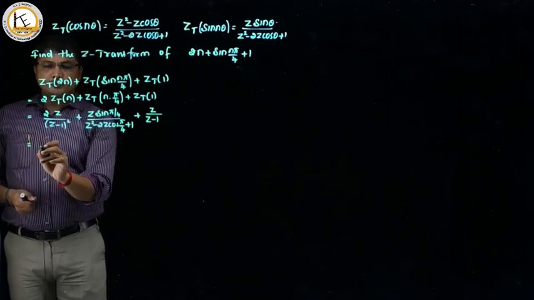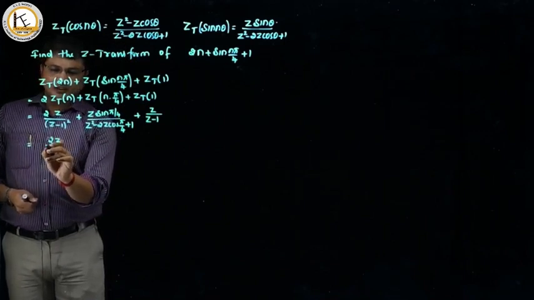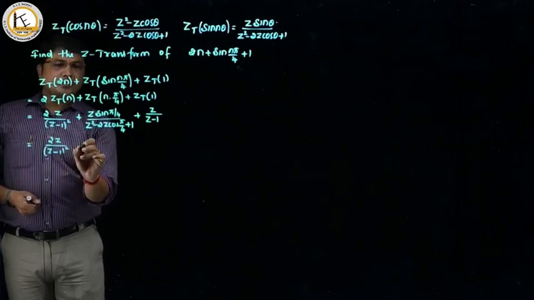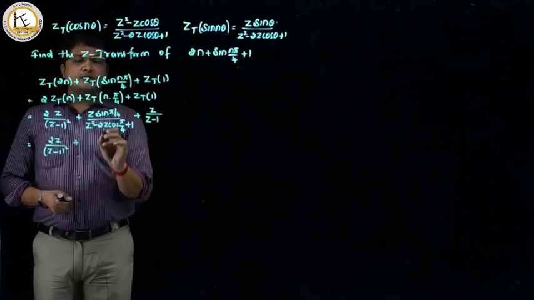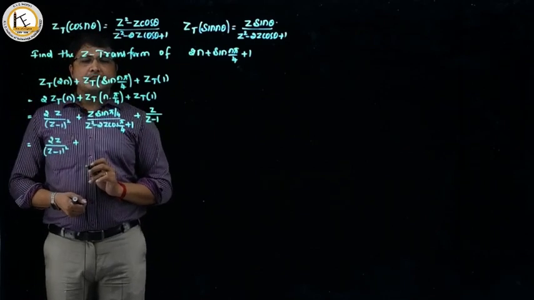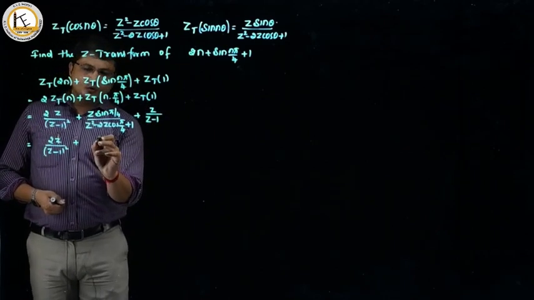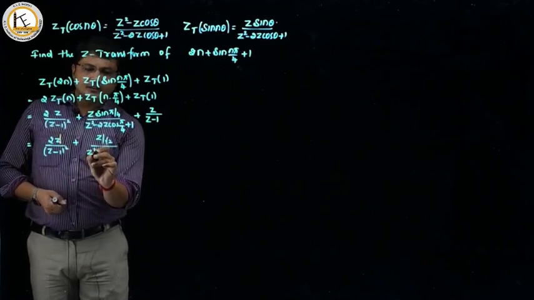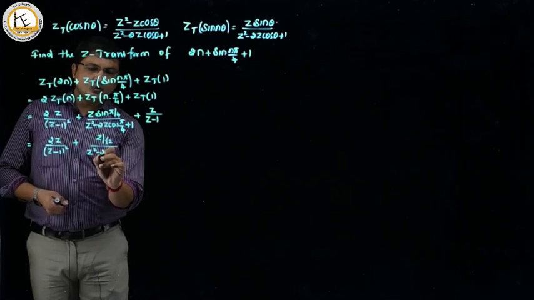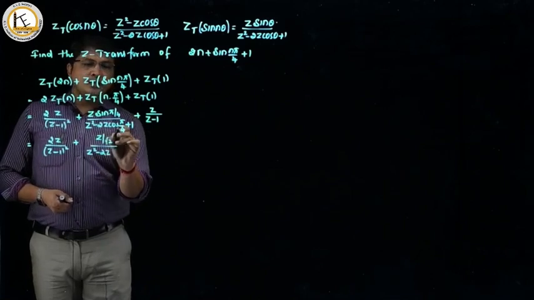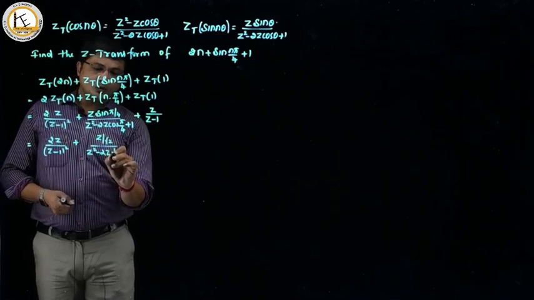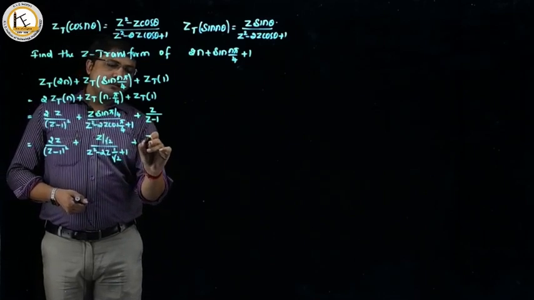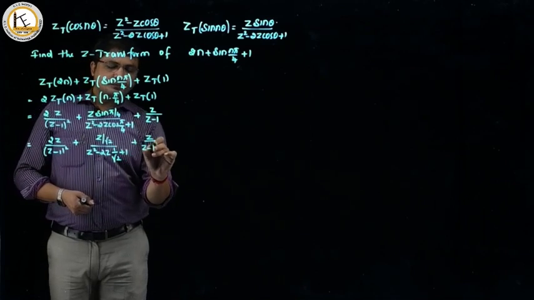Simplifying it further, the first term is as it is: 2z divided by z minus 1 the whole square. Plus, since we know that sine pi by 4 is 1 by root 2, we have z divided by root 2 divided by z square minus 2 into z, and since cos pi by 4 is also 1 by root 2, plus 1, and the third term also as it is.